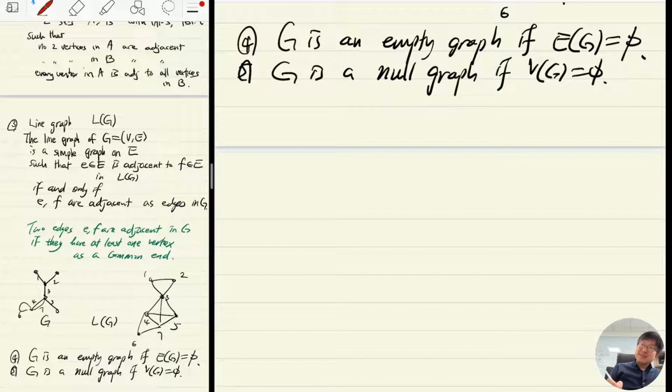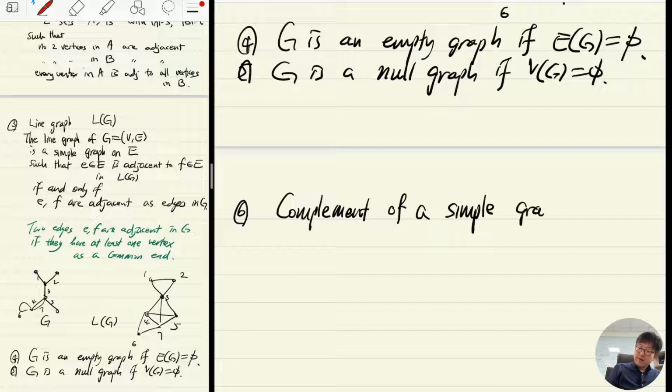There are operations to construct a new graph from a graph. So line graph is one operation. There's something called the complement of a simple graph. So we write G complement.